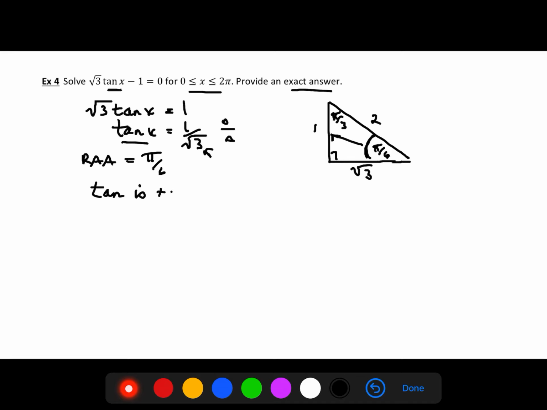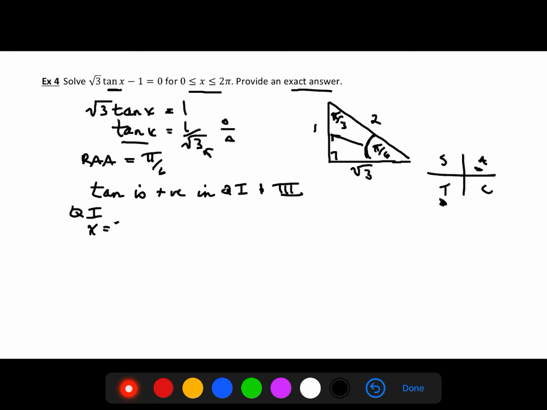Okay, tan, we know our ratio was positive, so if we think about our CAST rule, tan is positive in quadrant 1 and 3.